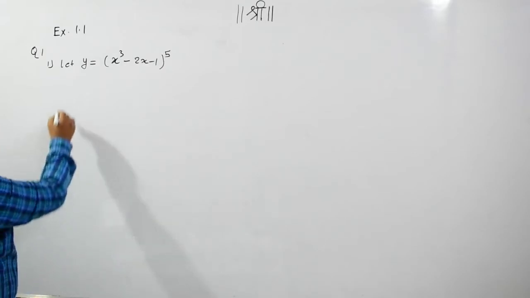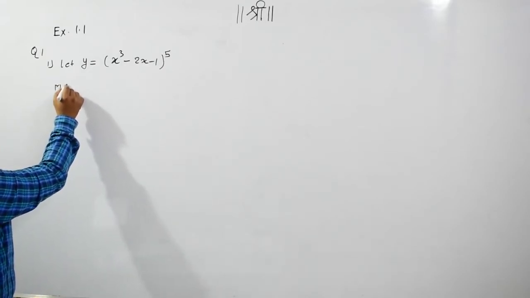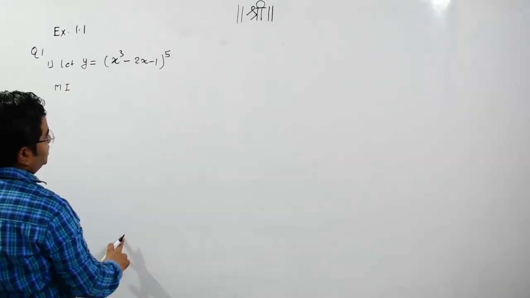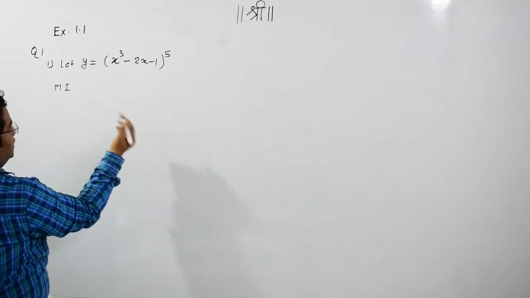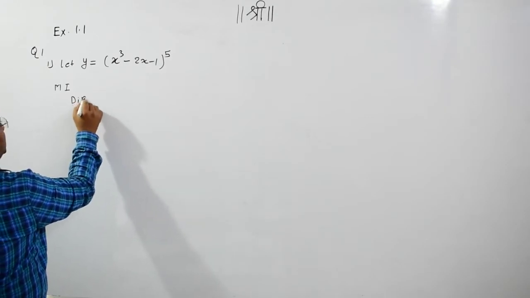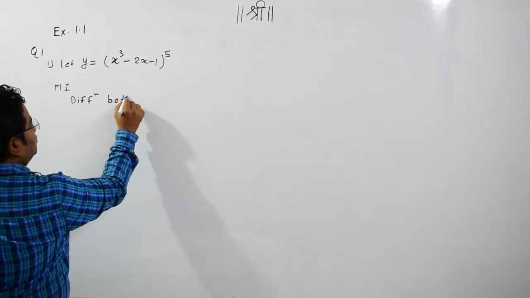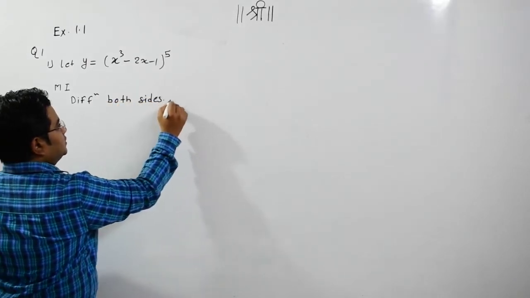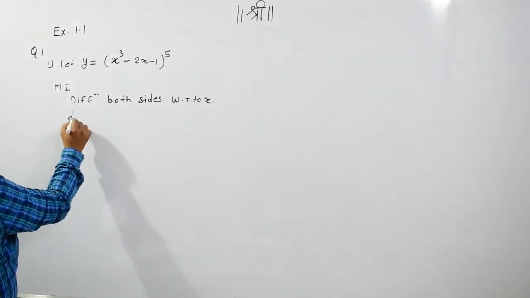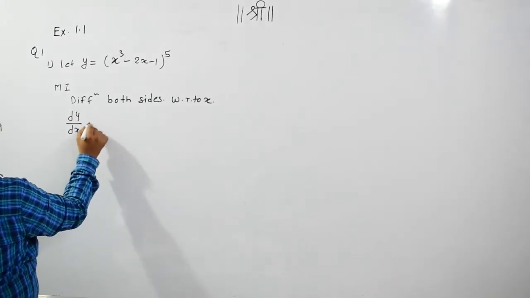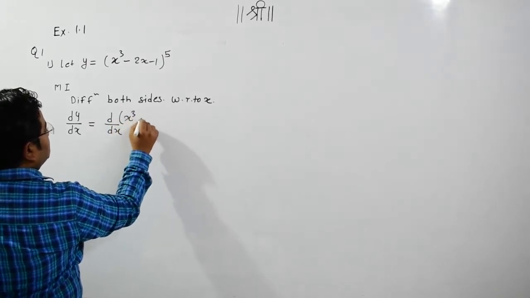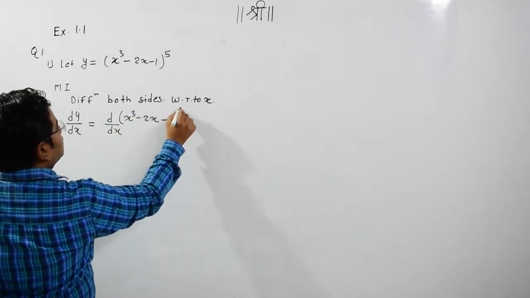Now here the method 1 says, so we will look at method 1. Here we can consider the inner equation as u, and then afterwards we can simplify it. So for this first method, differentiating both sides with respect to x, dy upon dx is equal to d upon dx of (x cube minus 2x minus 1) bracket raised to 5.